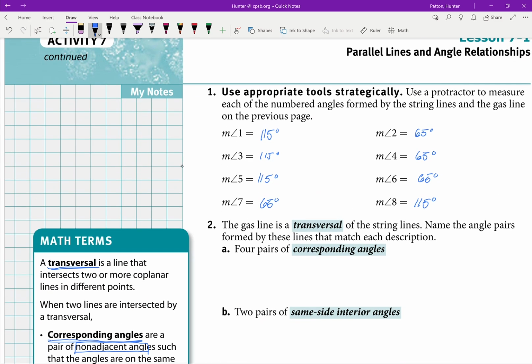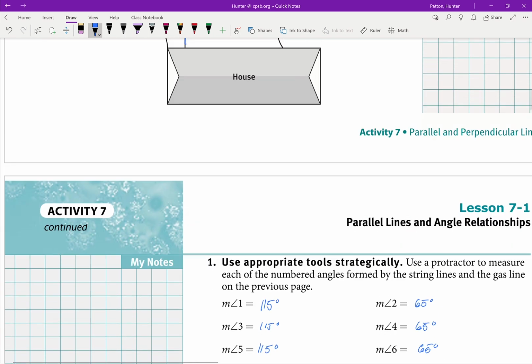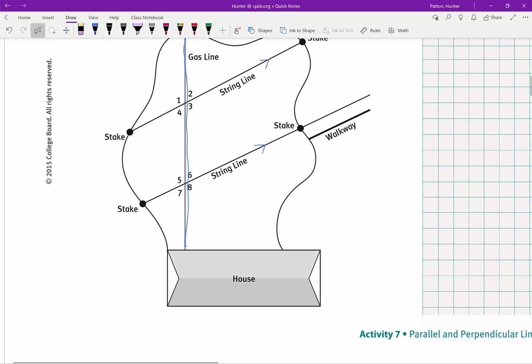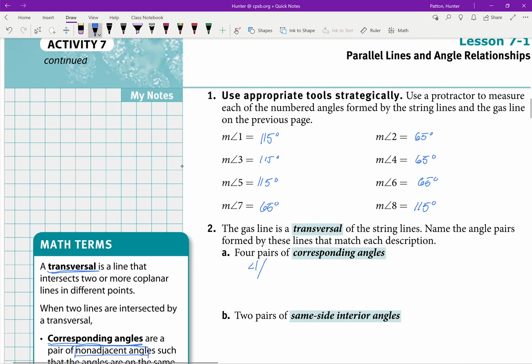Angle 1 corresponds to angle 5 because they're both on the same side of the transversal, which is the gas line. One's on the outside, one's on the inside, and they're non-adjacent. So angle 1 and angle 5. We also have angle 2 and angle 6.